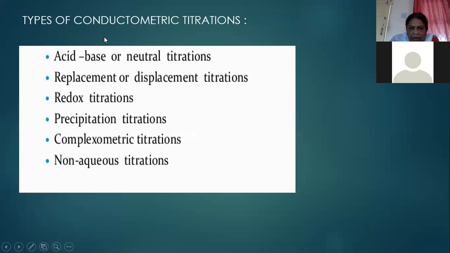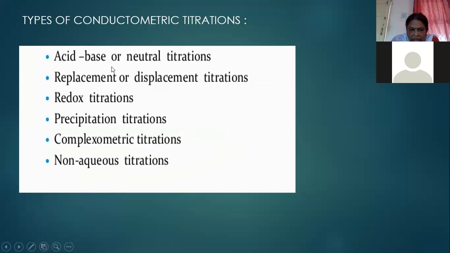So the types of conductometric titrations which can be done by using a conductivity meter are acid base or neutralization titrations, replacement or displacement titrations, redox titrations, precipitation titrations, complexometric titrations, and non-aqueous titrations.